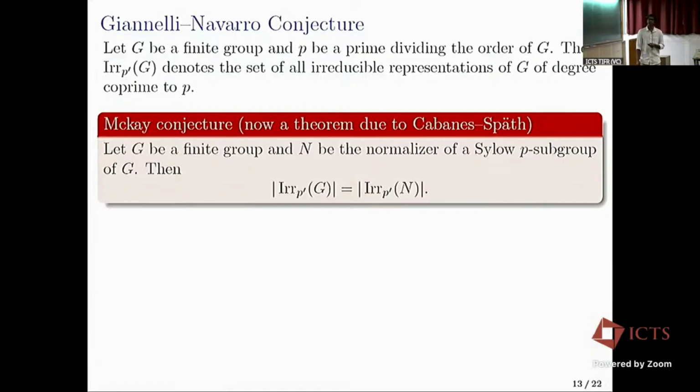So the McKay conjecture states, let N be the normalizer of a Sylow P subgroup of G. Then the cardinality of all the irreducible characters of G whose degree is coprime to P is the same as the number of irreducible characters of the normalizer of the Sylow P subgroup whose degree is coprime to P.